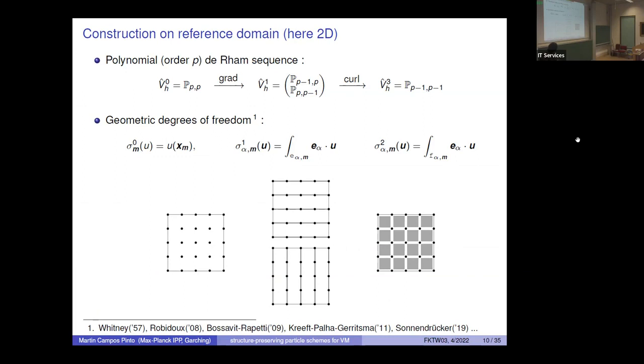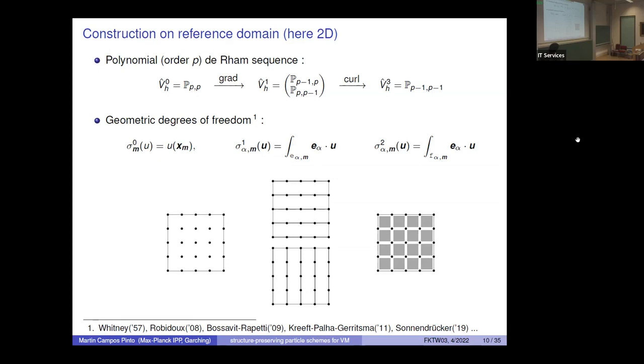You evaluate for the first space V0, you evaluate the point values. Here you evaluate the integrals on the small edges between the it's the same grid. So here you look at the nodes, here the small edges, and here in the y direction.